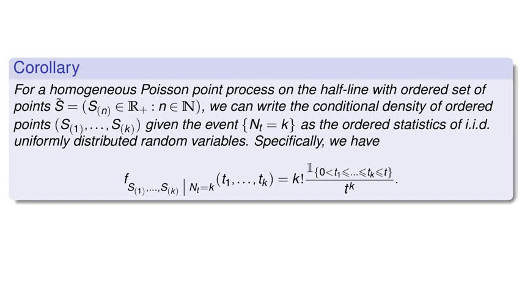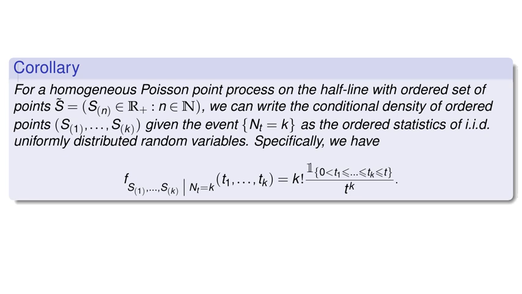We can write the conditional density of the ordered points S sub 1 and so on till S sub k, given the event that N_t equals k, meaning k points in the interval open from 0 to t closed, as the joint density of the order statistics of k IID, uniformly distributed random variables over the interval open from 0 to t closed.